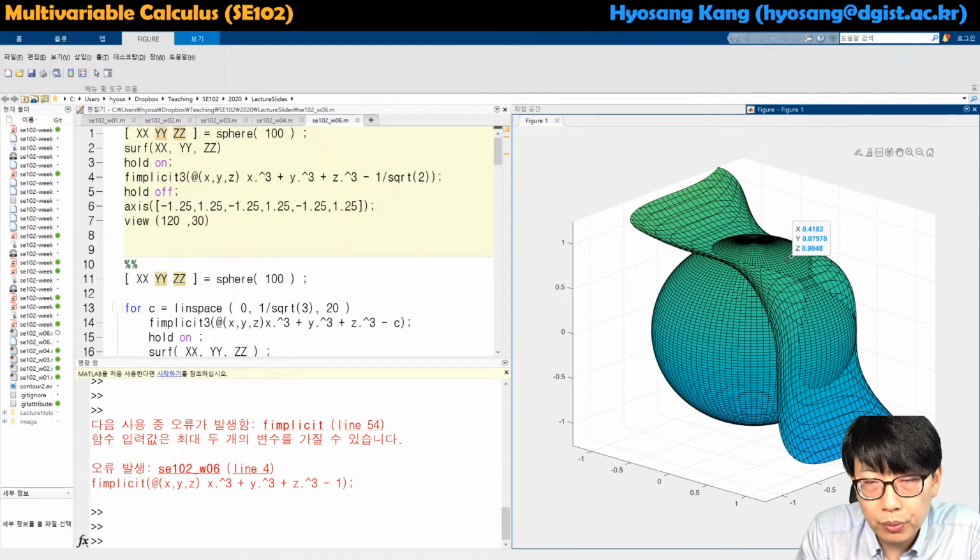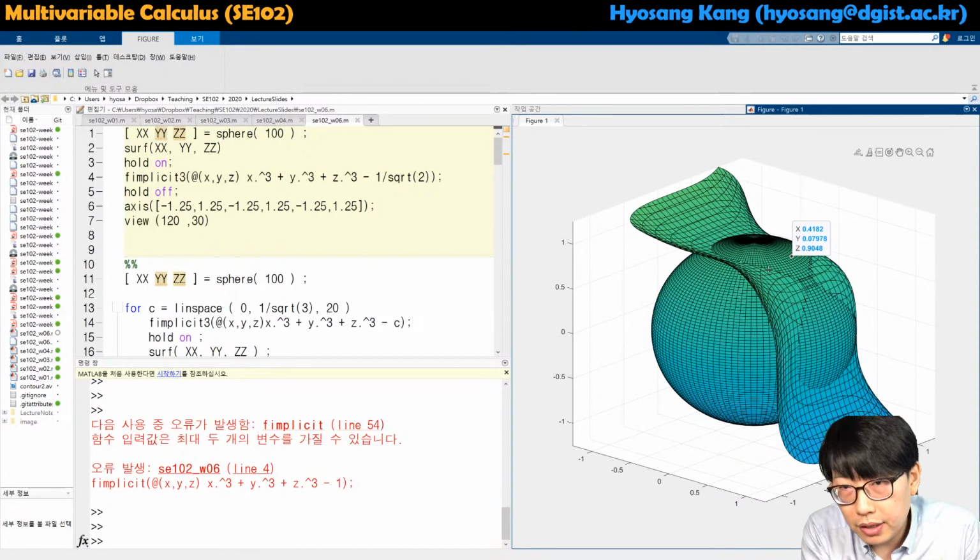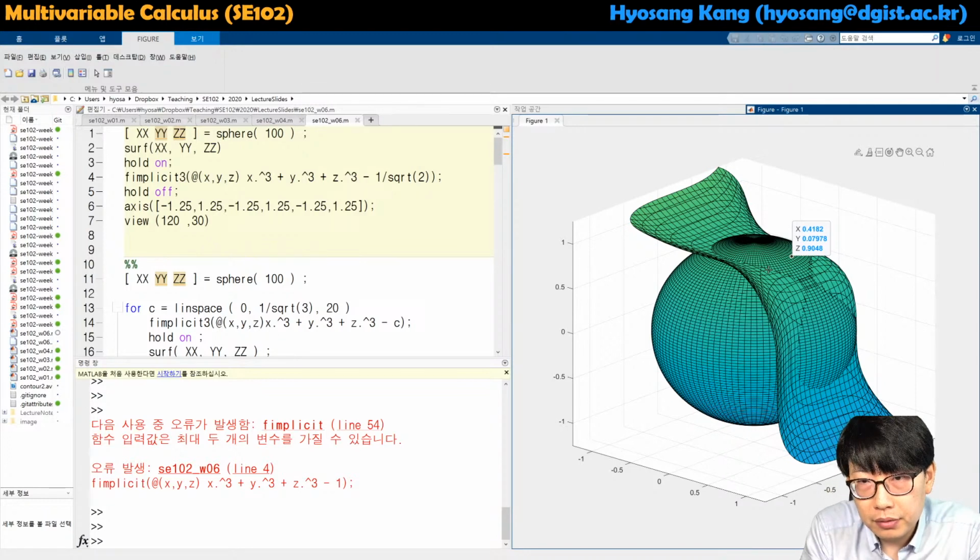Let's say I pick this point. This is the sphere surface. This point is not yet intersecting between this surface and the sphere, so I need a larger level to intersect these two surfaces at the point above the touching point.